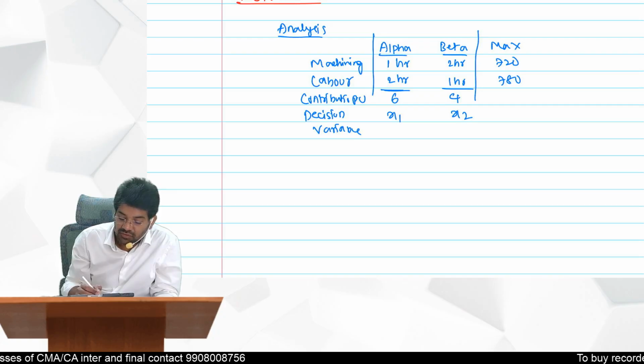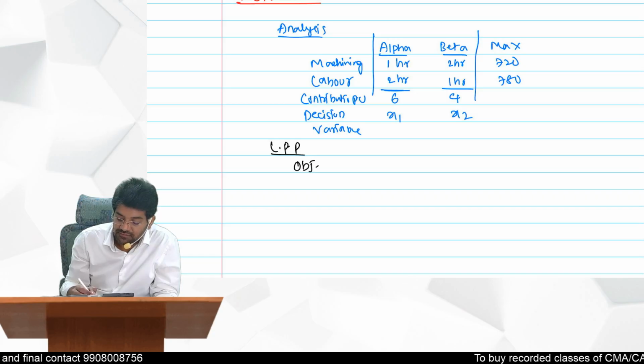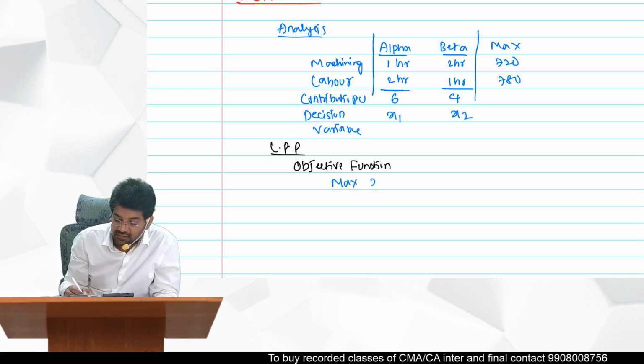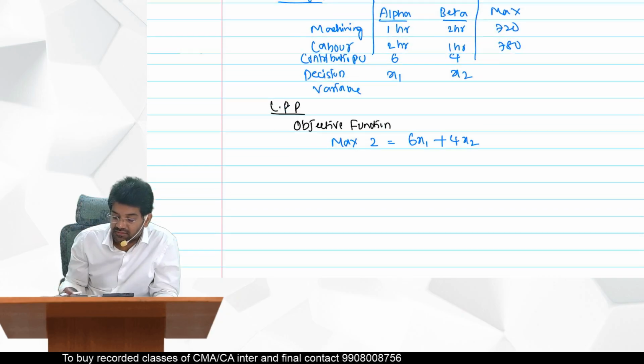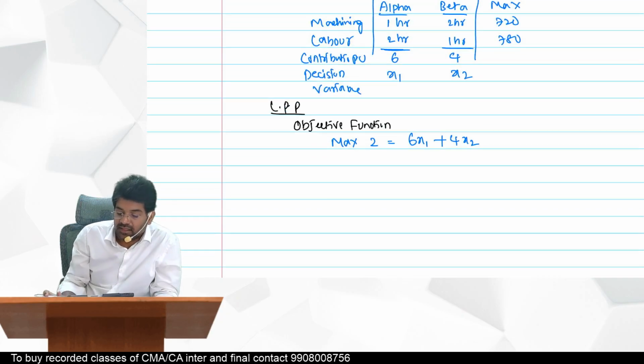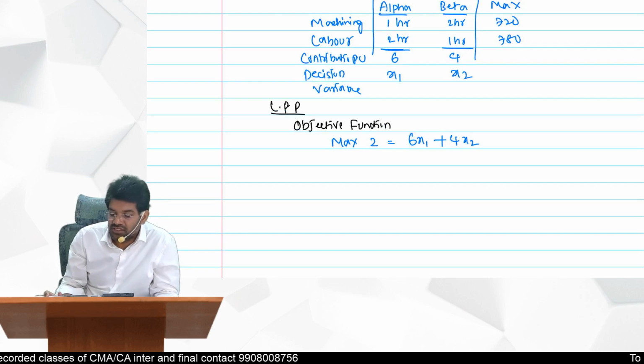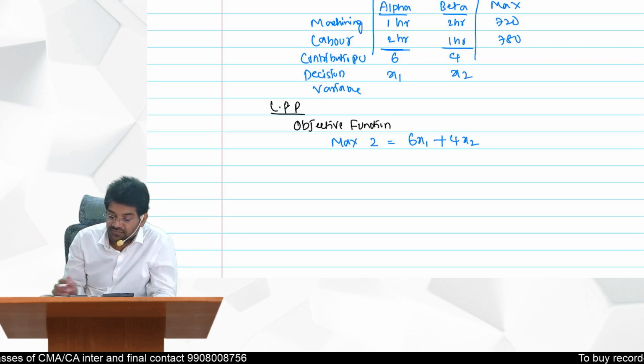So now if you see the LPP, first objective function: maximize z is equal to, what is the contribution, 6x1 plus 4x2. I'm just writing first objective function because that is what is required now.